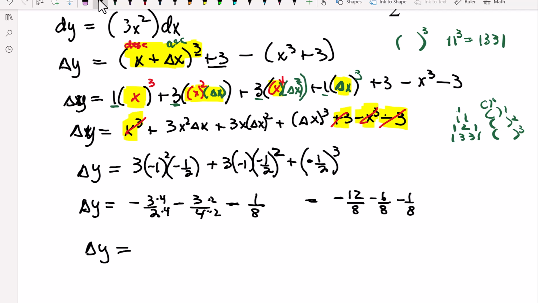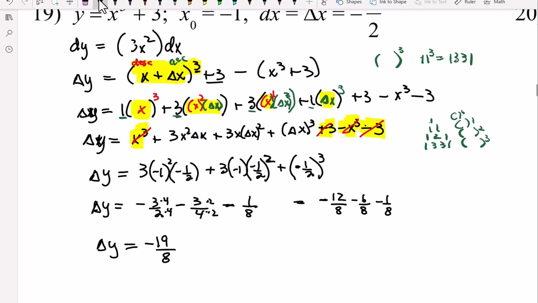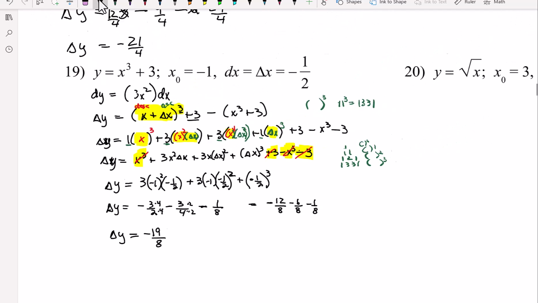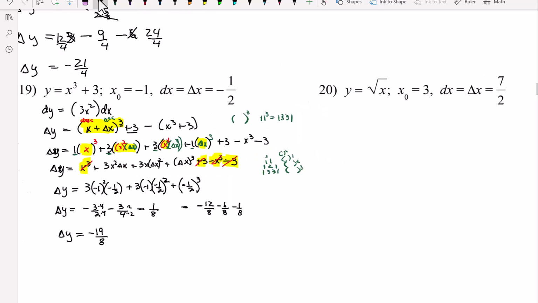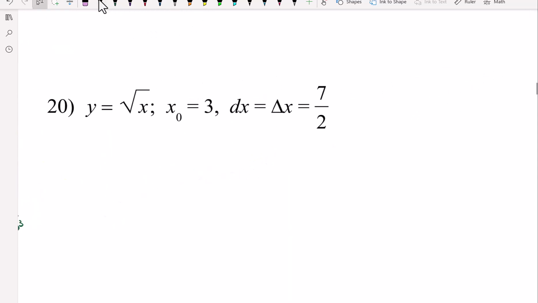So negative 12 over 8, subtract 6 over 8 is negative 18 over 8. Subtract 1 is negative 19 over 8. Again, assuming I didn't make a clerical error up there someplace, which we math teachers do sometimes. Okay, so there's that example.